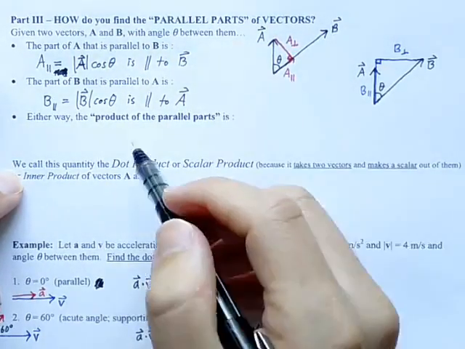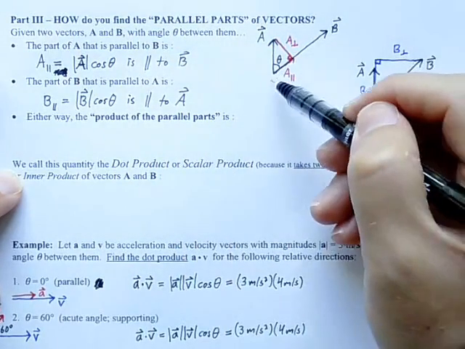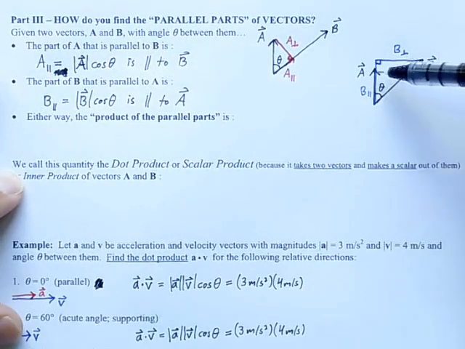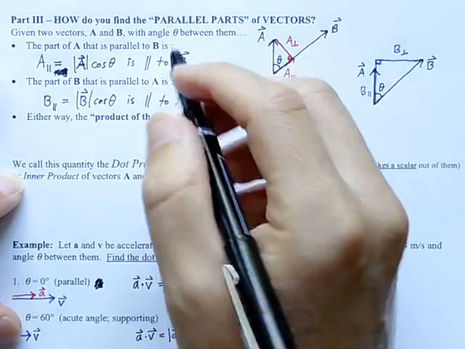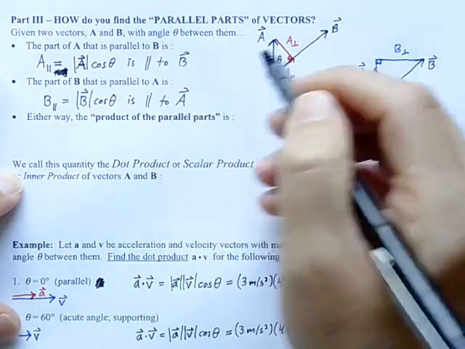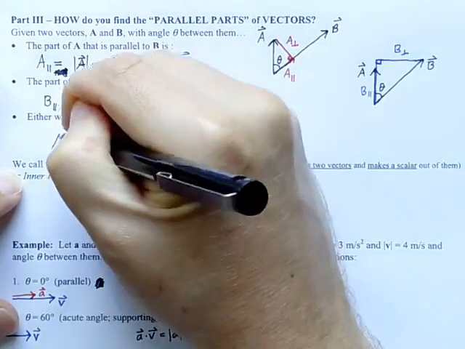So if I want the product of the parallel parts, if I want B times the part of A that's parallel to B, or if I want A times the part of B that's parallel to A, that would be A cosine theta times the magnitude of B. That would be the product of those parallel parts.